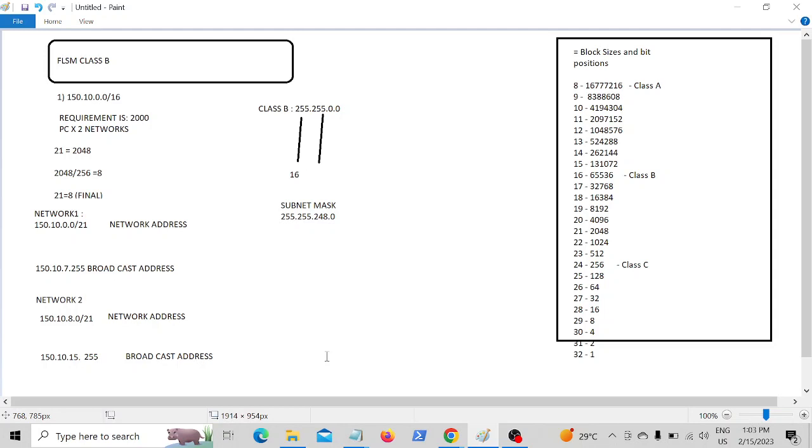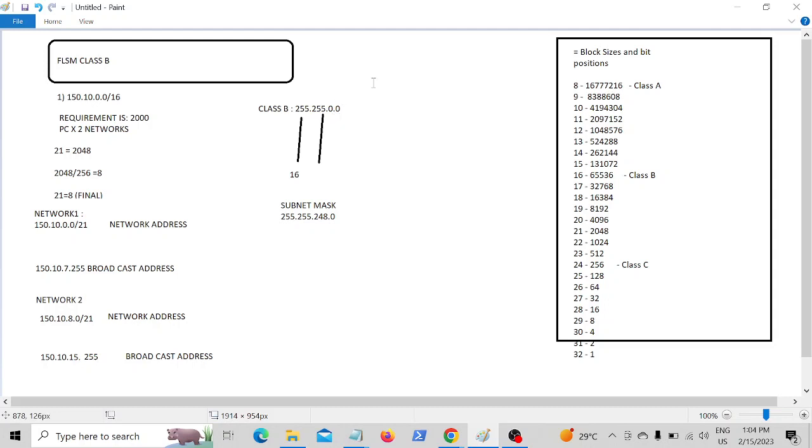Ma'am, I did not understand the last step, the subnet mask. Okay, fine. See, normal classes we did, class A, B, C. The normal subnet mask for class B is 255.255.0.0. So 8 plus 8, this has 8 bits, this has 8 bits.